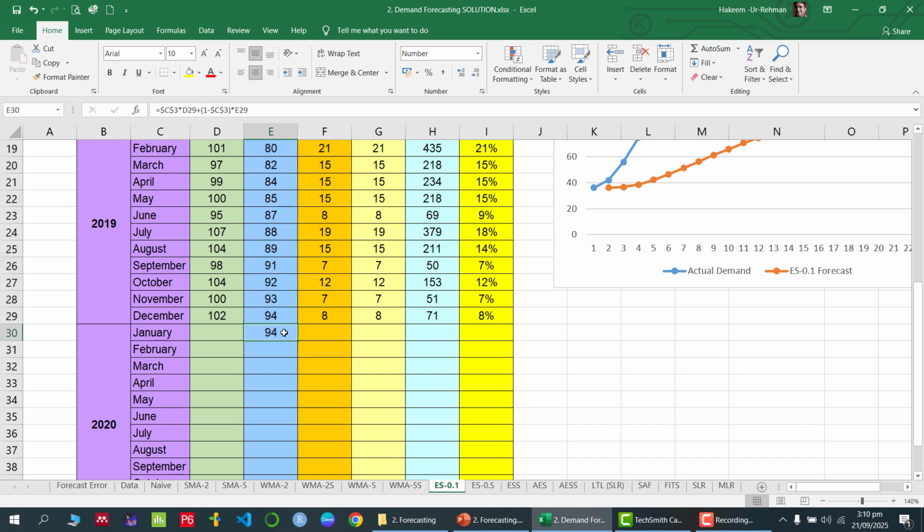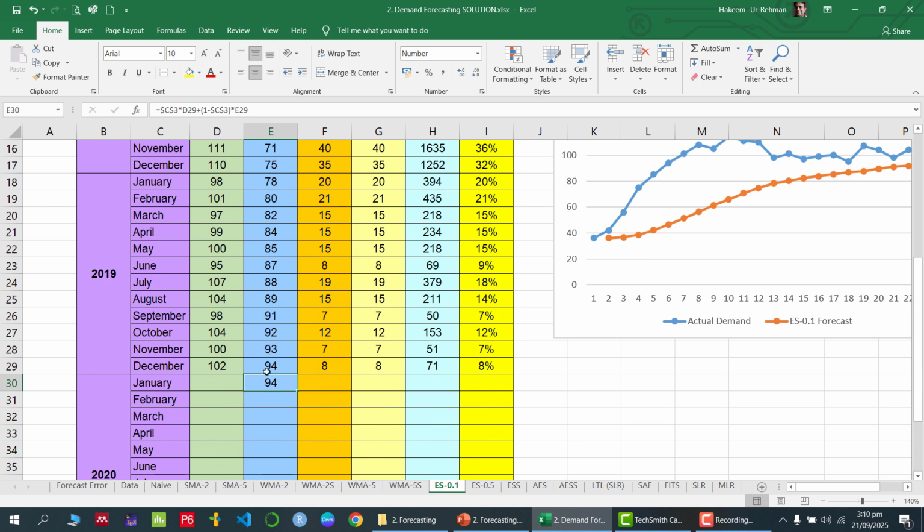Once again, remember that simple exponential smoothing is the more appropriate method when you have only the level pattern in your data. If there is a trend or seasonality, then you cannot apply simple exponential smoothing. It is the more appropriate one when we have only the level component. That means we can only predict one period ahead.